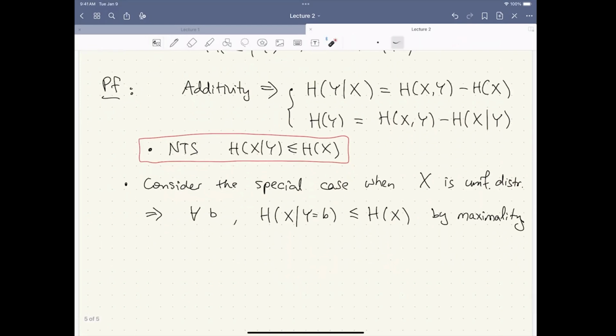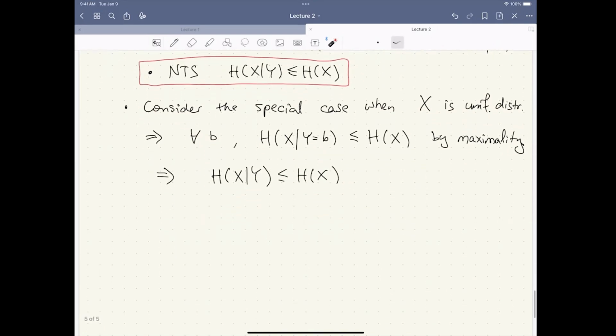And since this inequality is true for all outcomes of y, we can drop this outcome, and this implies that this is at most H of x. So we prove this in the special case when x is uniformly distributed.